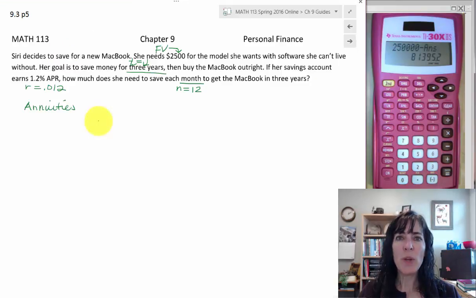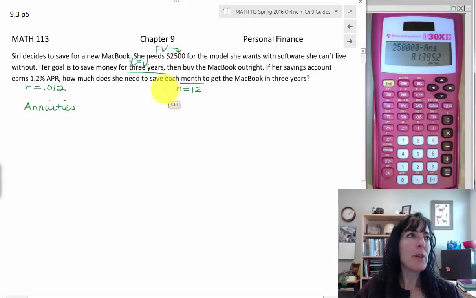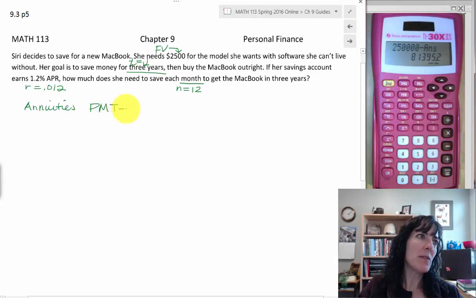We either have to find the future value or we have to find the payment that she's going to make. And since we're given the future value, it sounds like we are going to be finding the payment.